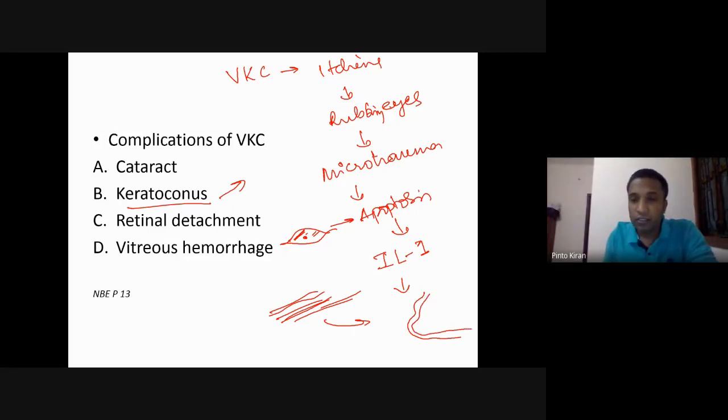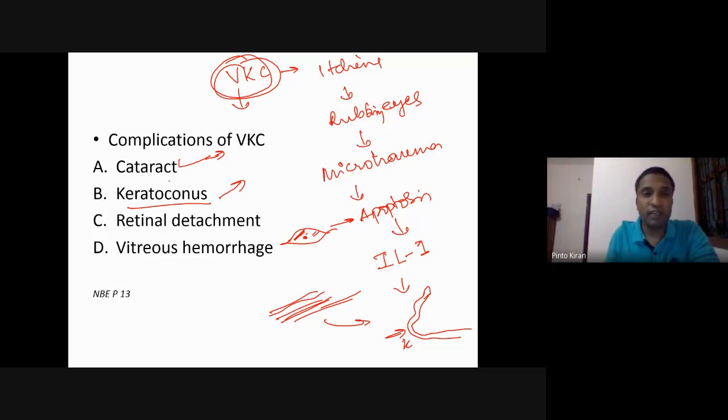So this is the reason for keratoconus when a patient has very long-standing vernal keratoconjunctivitis. If they rub their eyes, they will land up with keratoconus. And we don't see cataract formation. Cataract formation, of course, if you use steroids for a very long time.